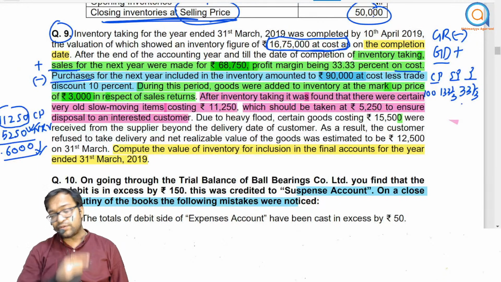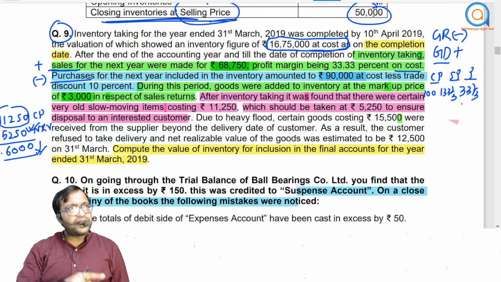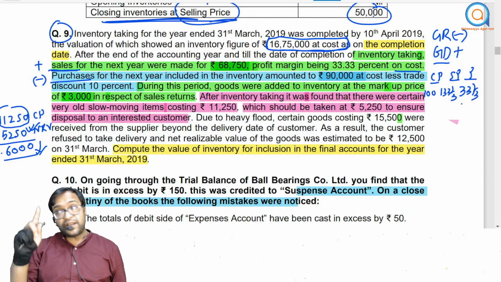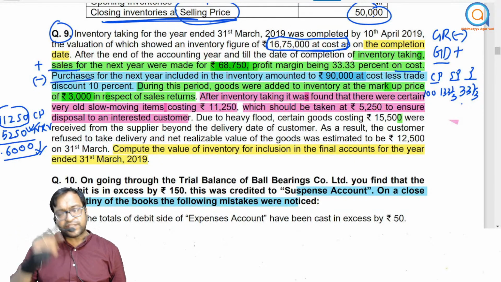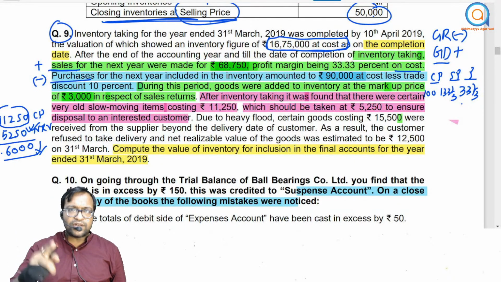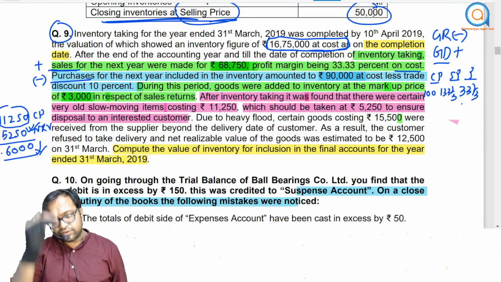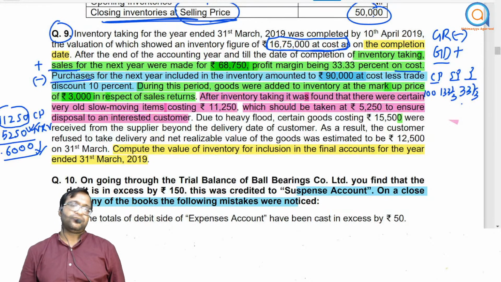Please reply yes or no. You have already included 11,250, which is the cost price of those goods. But the net realizable value is 5250, which is lower, and stock should be valued at cost or NRV, whichever is lower. So I should include 5250, but I have included 11,250. So how much extra I have included? 6,000. So I should reduce. Understood?